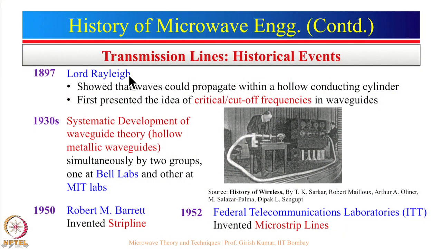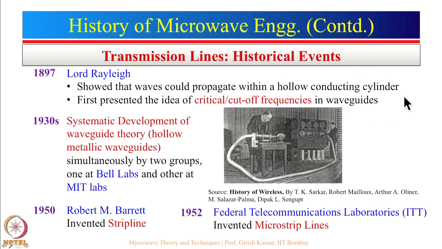Now, transmission lines. Let us see what developments took place. In 1897 Lord Rayleigh showed that waves could propagate within a hollow conducting cylinder. Before that, of course, coaxial lines were there, but a coaxial line has a center conductor and an outer conductor, whereas inside a waveguide there is no central conductor.